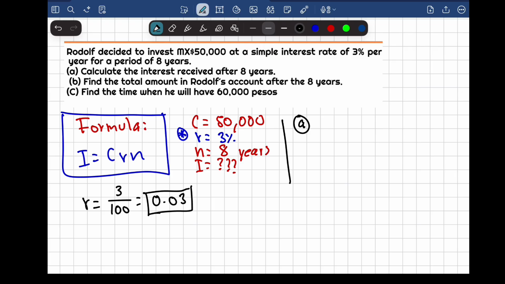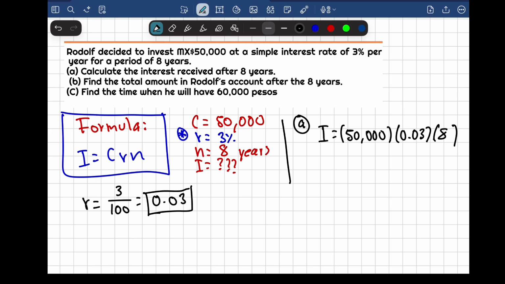Be careful with this. So in order to find A, the interest is going to be, according to the formula, the capital, 50,000 pesos, times the interest rate using the decimal version, 0.03, times the number of years, in this case 8.